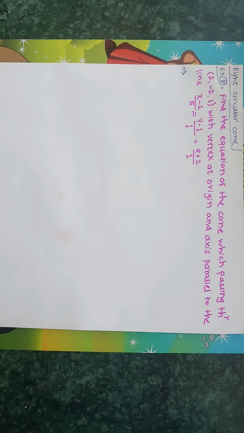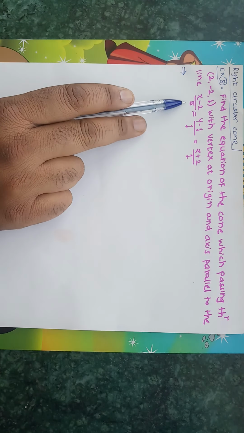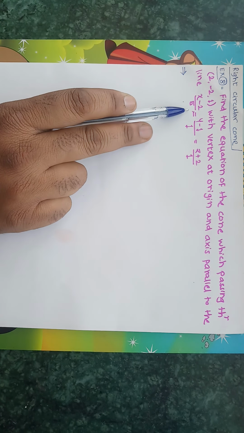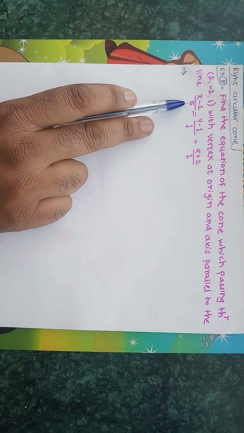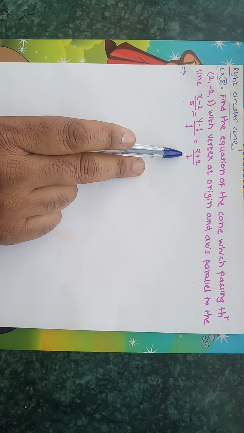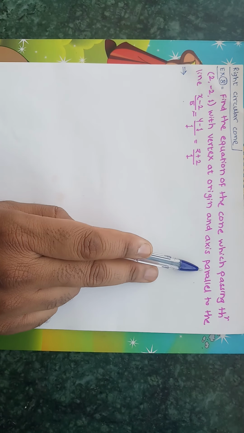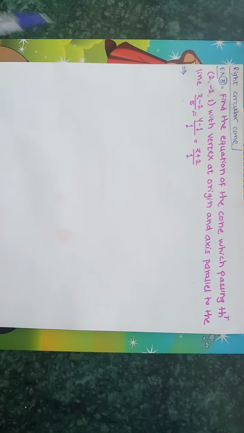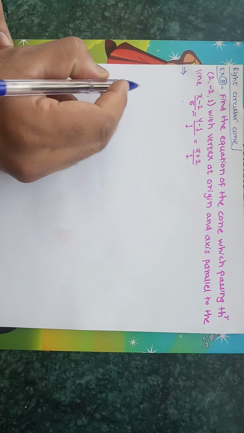Here the axis is parallel to this line, so the DRs of the axis and of this line are the same. Actually this is not the equation of the axis, but a line parallel to the axis of the cone. So 5, 1, 1 are the DRs for this line, and as this line is parallel to the axis, the DRs of the axis are also 5, 1, 1.